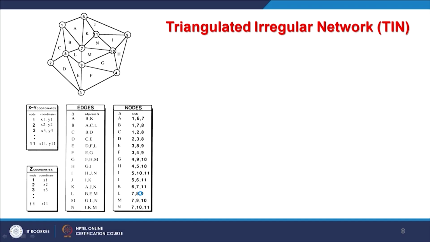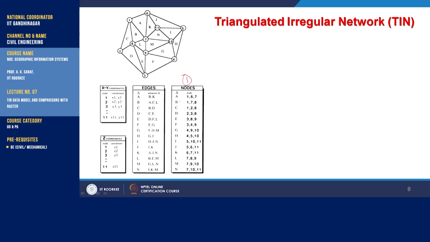The first one which we discussed was the node table. As you can see, there is a list of triangles and all the nodes which construct that triangle. If I take this example, triangle A is made from 3 nodes: 1, 6 and 7, and this is what you see, 1, 6 and 7.